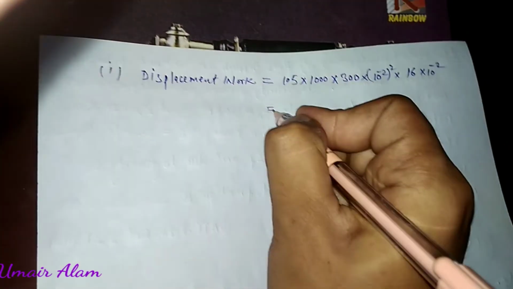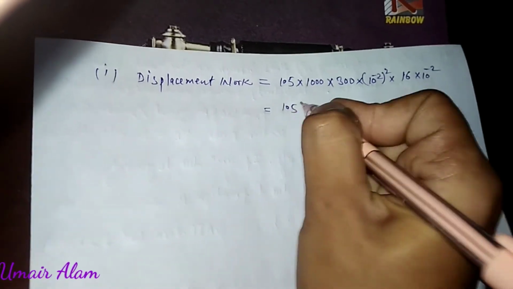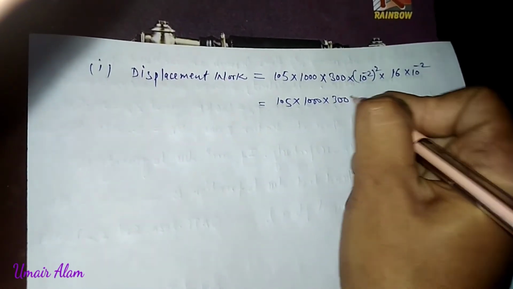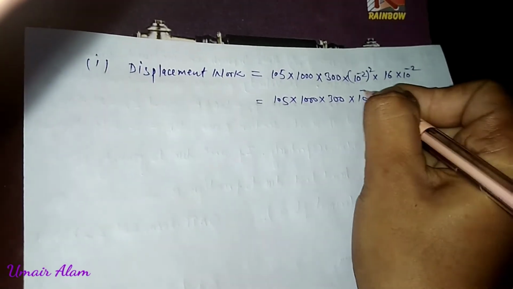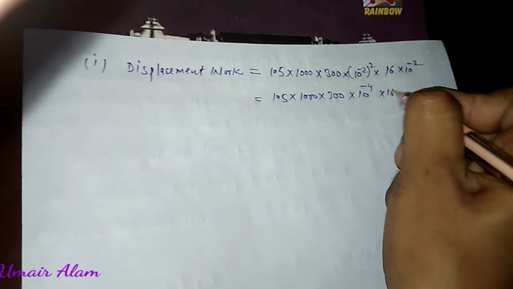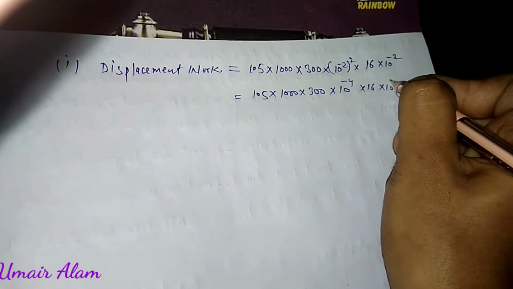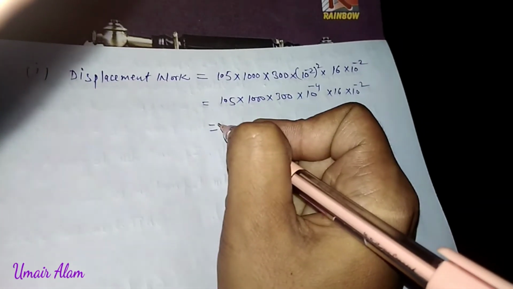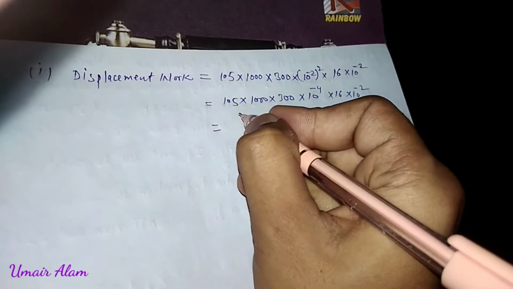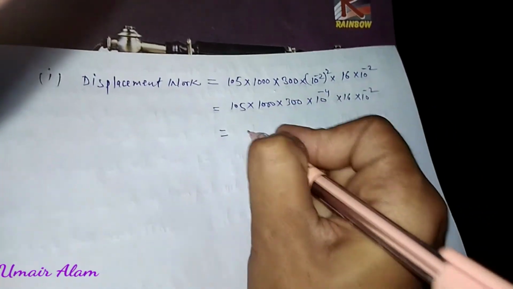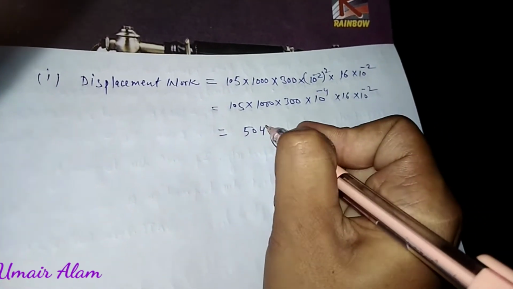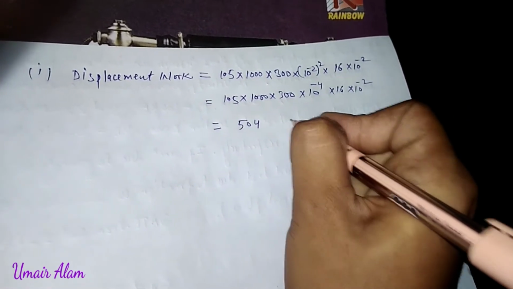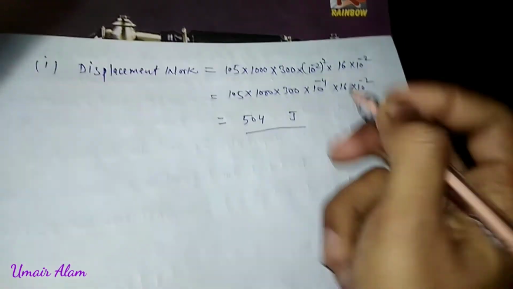So this will be equal to 105 into 1000 into 300 into 10 to the power minus 4 into 16 into 10 to the power minus 2. When we calculate this, the whole value will be equal to 504 joule.